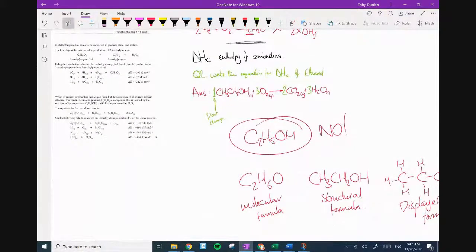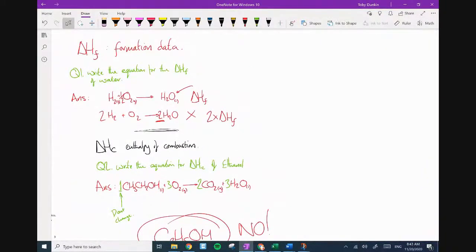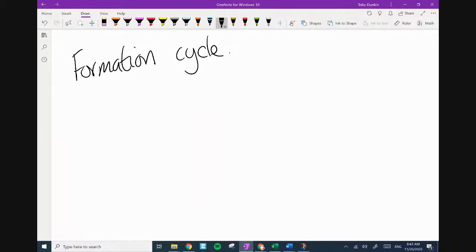Right. Okay. So now that we've discussed the data, I want to discuss the cycles for formation and combustion because that's quite a nice thing to do. So let's now do a formation cycle. If you're given an equation, such as, let's take ethene, react it with steam.